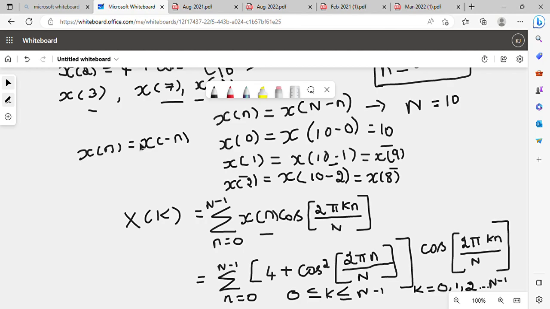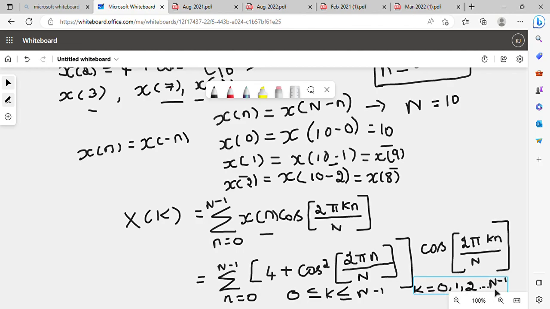So that is why you get an equation like this: x of k is equal to summation from n equal to 0 to N minus 1 of x of n into cos 2 pi kn by N, which is equal to summation from n equal to 0 to N minus 1 of 4 plus cos square 2 pi n by N into cos 2 pi kn by N, wherein k is equal to 0, 1, 2 to N minus 1.